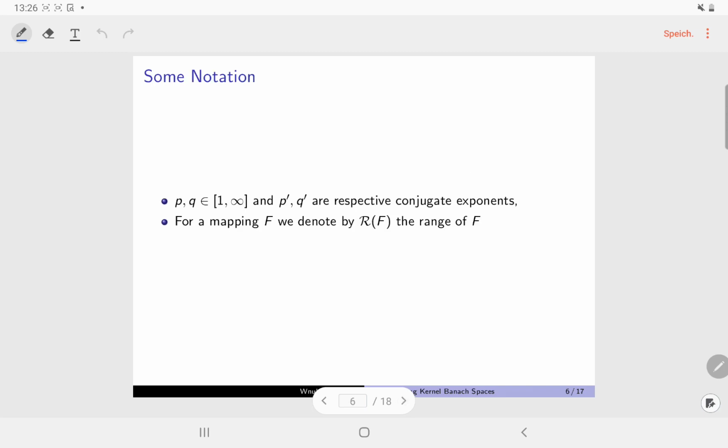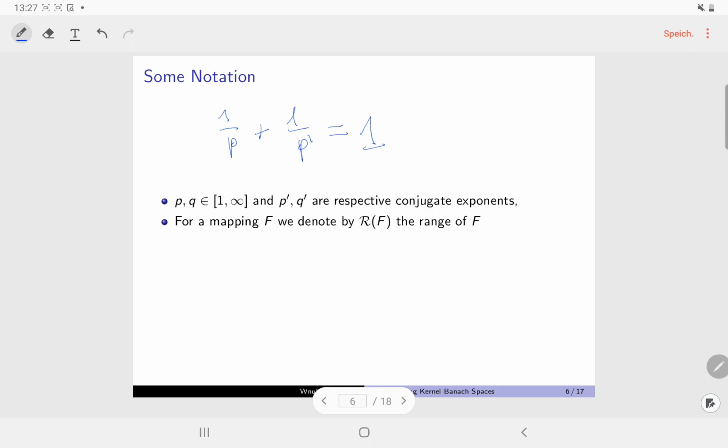A little bit of notation before we can go on. So P and Q are for me always exponents between 1 and infinity. And P prime is the conjugate exponent of P, that is, 1 over P plus 1 over P prime is equal to 1.